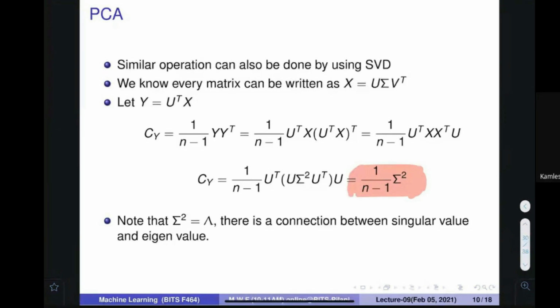So using singular value decomposition, we have seen that there is a relation between the eigenvalues and singular values: lambda is related to sigma square. You have also seen that this particular Y matrix is such that its covariance matrix is diagonal.